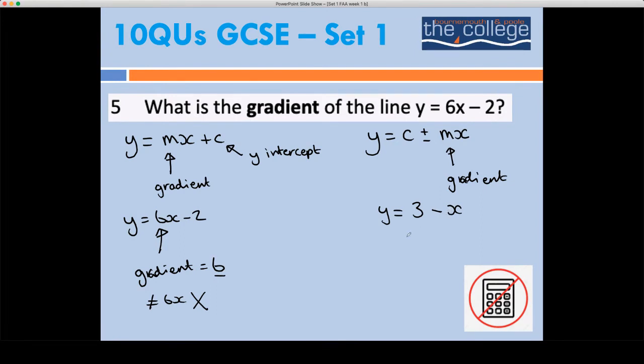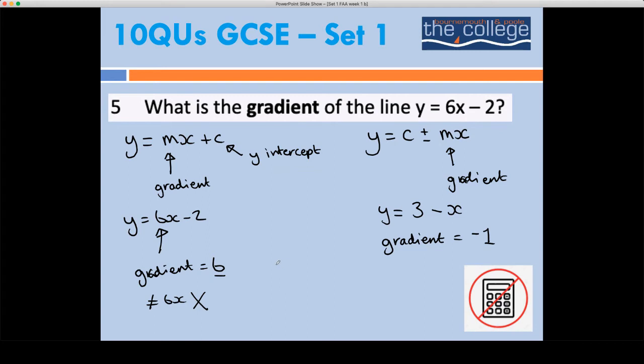So in that case, our gradient is going to be minus 1. You take the sign with it, the negative sign here, and there is actually a 1 there. We don't tend to write it, but there is an invisible 1, therefore the gradient is minus 1.